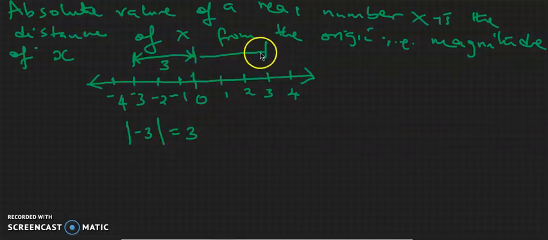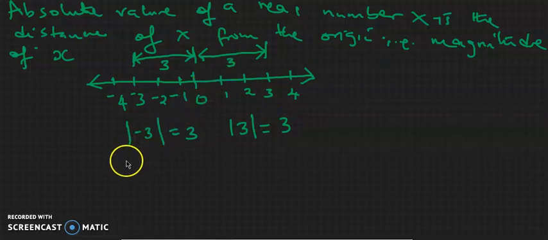You'll notice that it is the same as the magnitude of 3. The distance of the real number 3 from the origin is also 3.